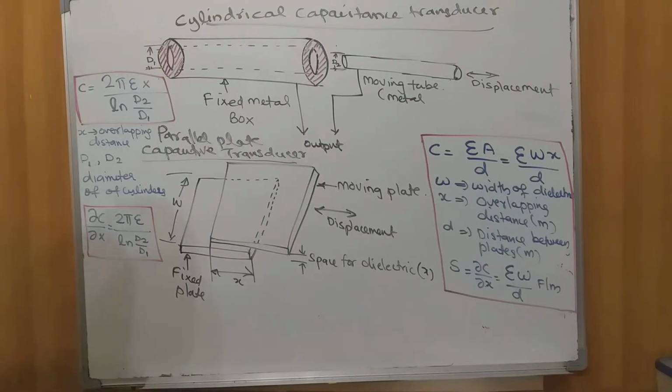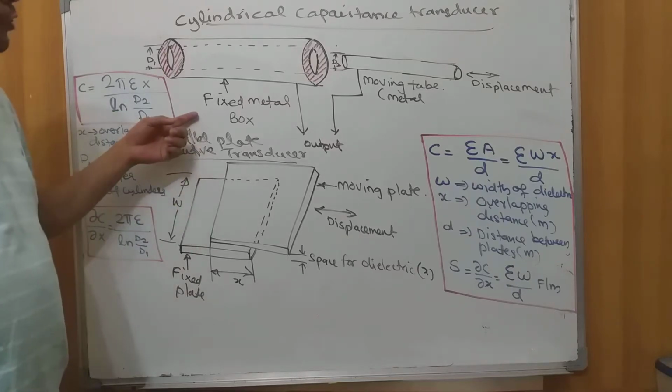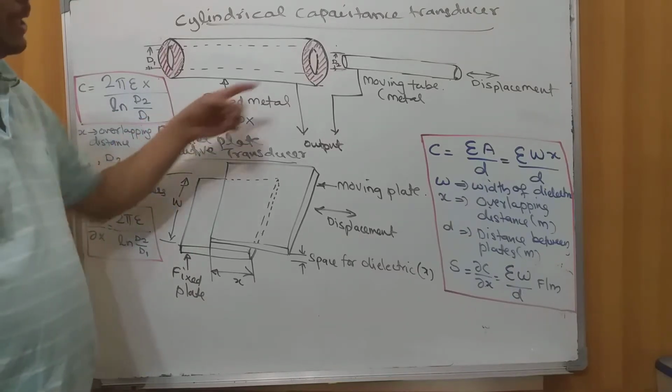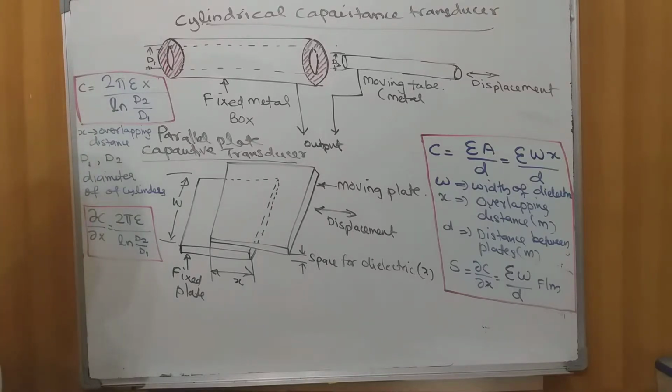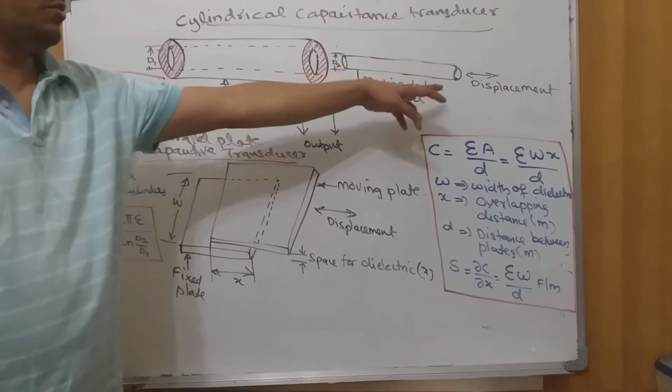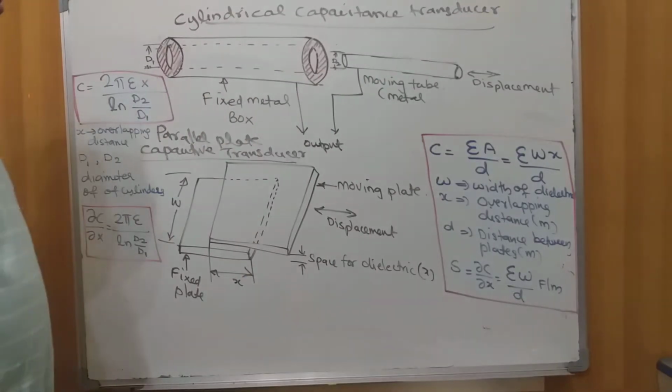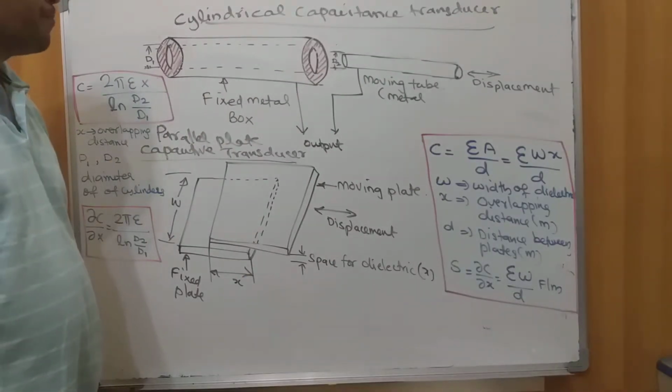So let us look at two different practically used capacitive transducers. Number one is the cylindrical capacitive transducer. In this model, there are two tubes. One is a fixed metal tube, and another is a movable metal tube, which is attached to the system whose displacement is to be measured.